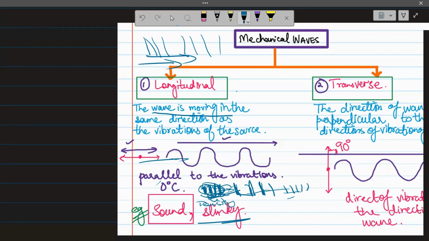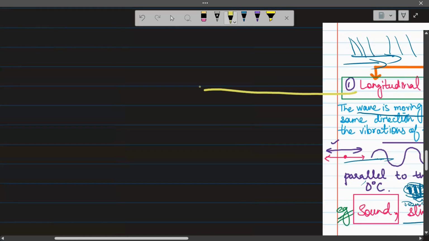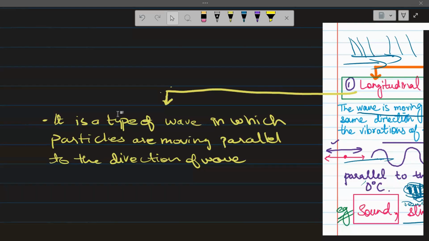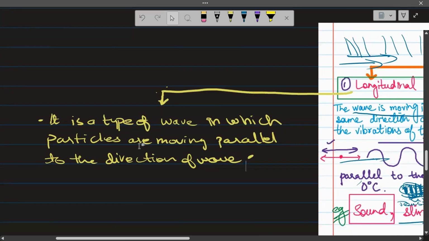Let me write this down. You should note this, because it is the basic definition of a longitudinal wave. You may take a screenshot if you want.